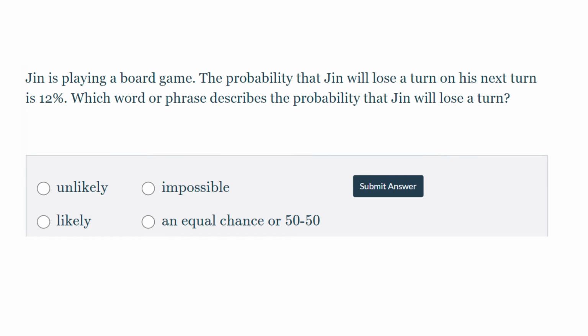So let's take a look at some of the verbiage. Again, Delta Math may use different verbiage than we see in other things, but you can reason these together and try to determine what they're talking about. It says Jen is playing a board game. The probability that Jen will lose a turn on his next turn is 12%.